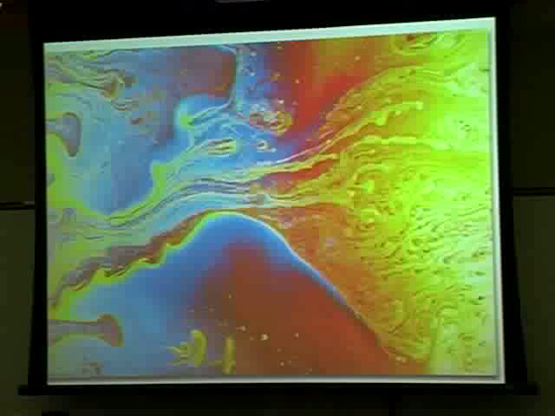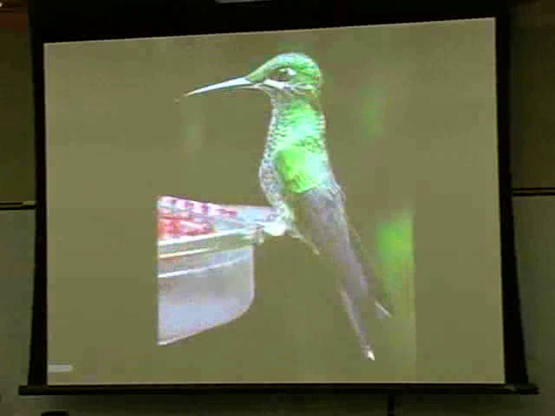I don't know where this came from, but very colorful. And evidently interference going on here. I think it's some kind of oil again. Almost looks like a fractal. It does. It's like a fractal. Probably that kind of mathematics would work on that.